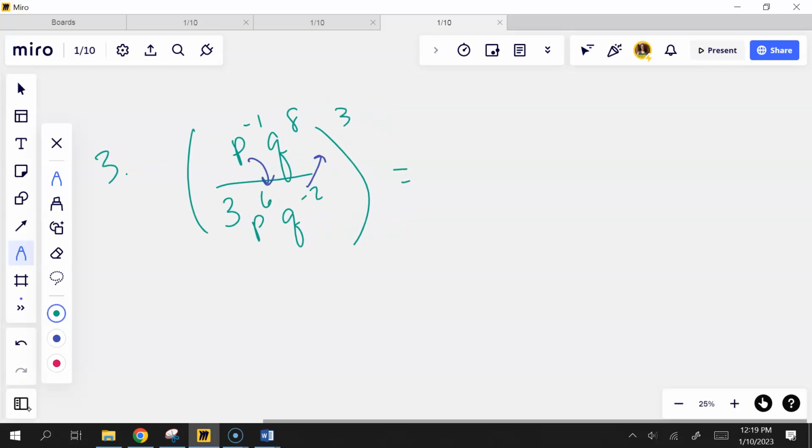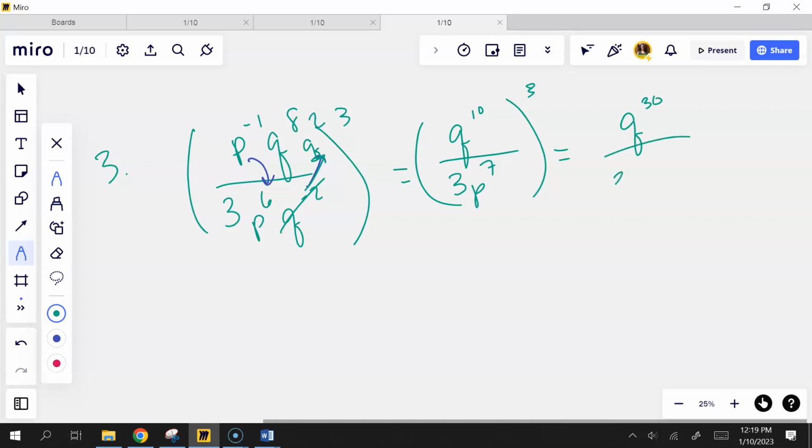That would give me 10 Q's up top, and then on the bottom, 3P7. Is that skipping too many steps? Whenever it moves up, it becomes positive. So then I'd have Q2 up here, and when I add them together, that gives me 10. So now the 3 goes to everybody, so it'd be Q30, 3 to the third, P to the 21.